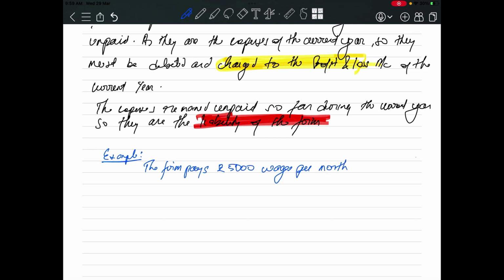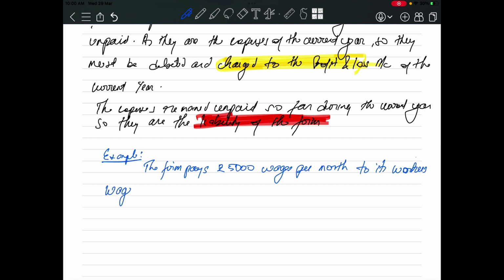One thing, when I discussed the difference between wages and salaries, I said that wages should be paid on daily basis. There is no compulsion that wages have to be paid daily. It can be paid on weekly basis, it can be paid on monthly basis. So the firm pays 5,000 wages per month to its workers.